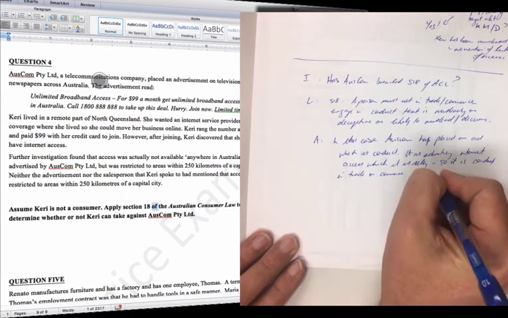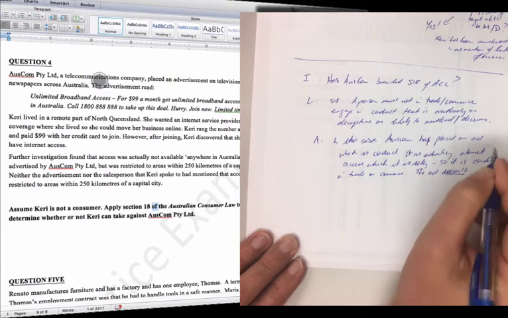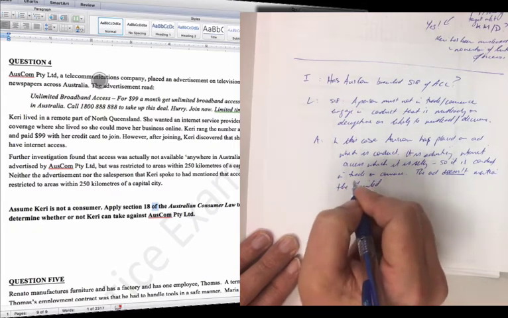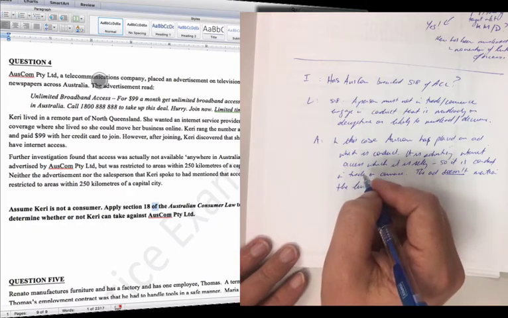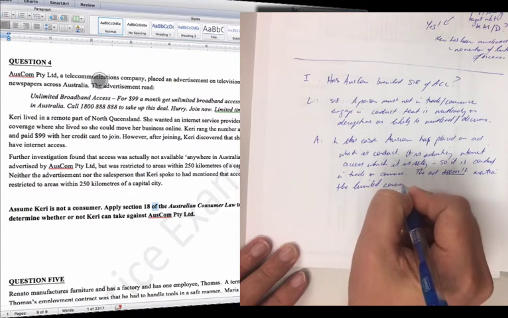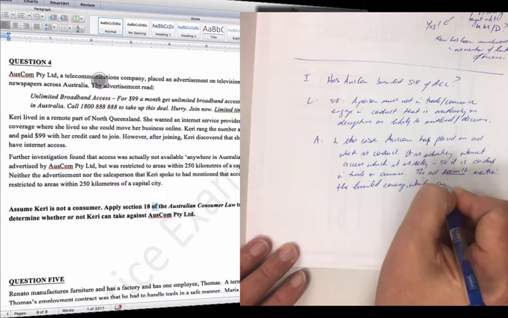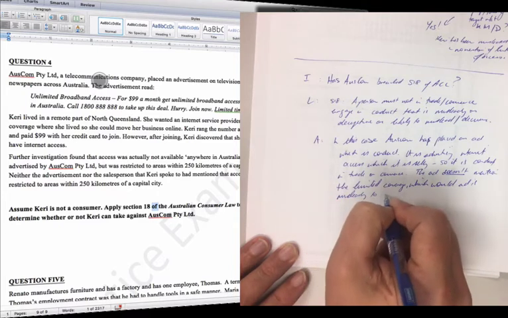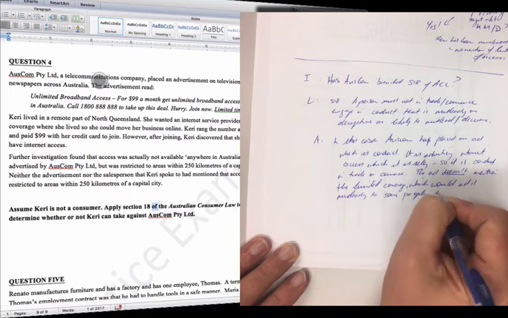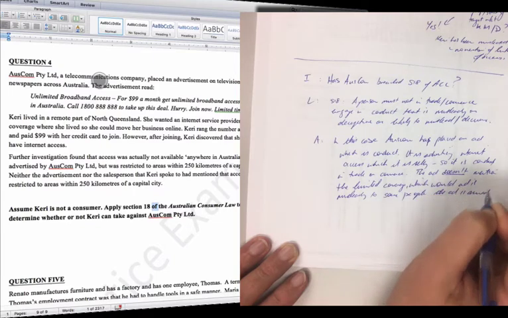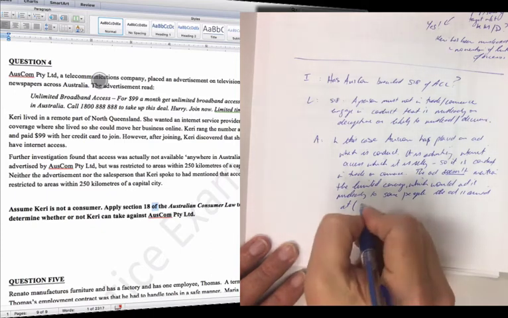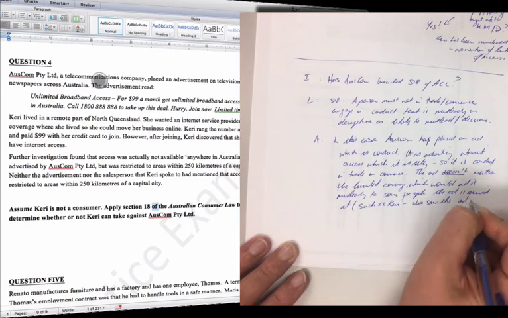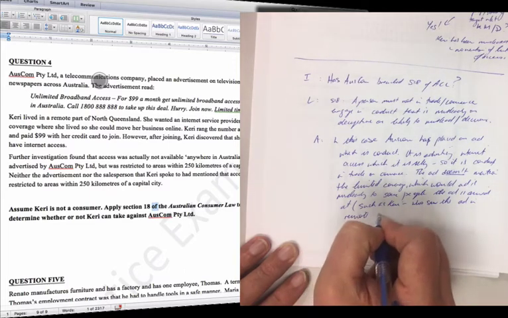The ad doesn't mention the limited coverage, which would and is misleading to some people. The ad is aimed at people such as Kerry, who saw the ad in remote Australia.